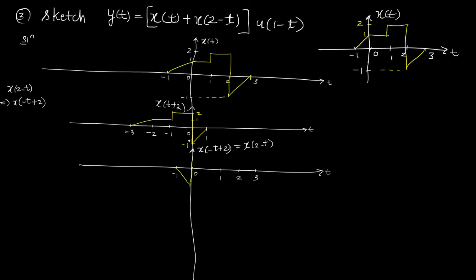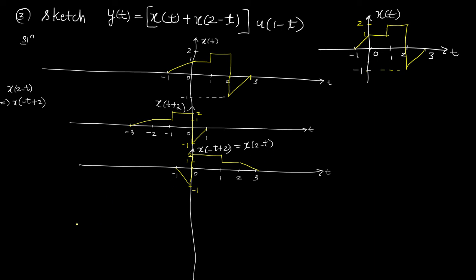I have to write from this side, in the reverse way. See, exactly it should look like the mirror image. If you see this and if you see this, it is exactly in the reverse way. Now this is my x of 2 minus t.